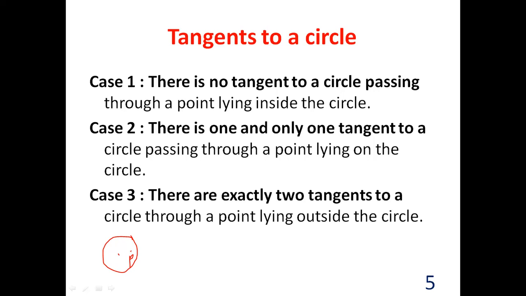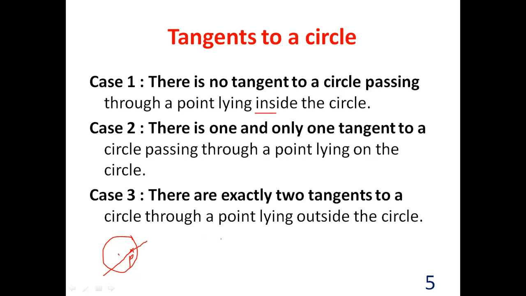Can you have any tangent? Let us draw a line like this. It is passing through this one. No, it is intersecting the circle at 2 different points. So there we cannot draw any tangent. There is no tangent to a circle passing through a point lying inside, that means in the interior. Okay, this is first case.